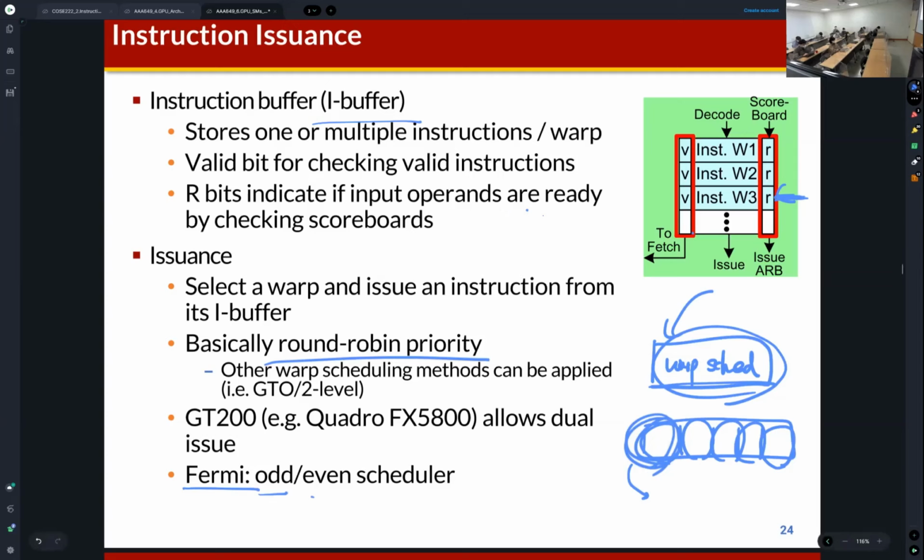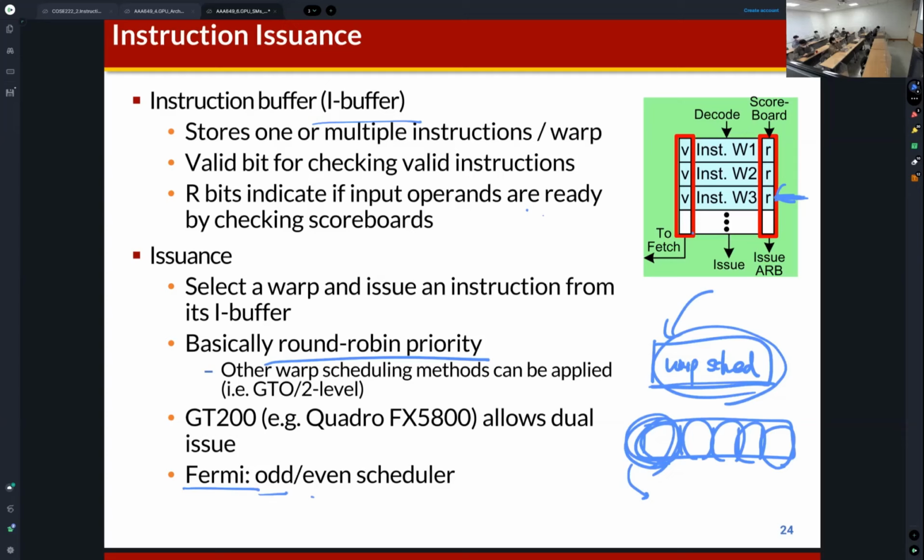But actually, this round robin warp scheduling may not be efficient for hiding the latencies of some load instructions, the instructions which have long latencies.